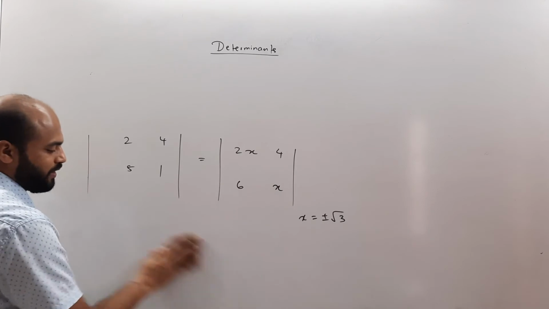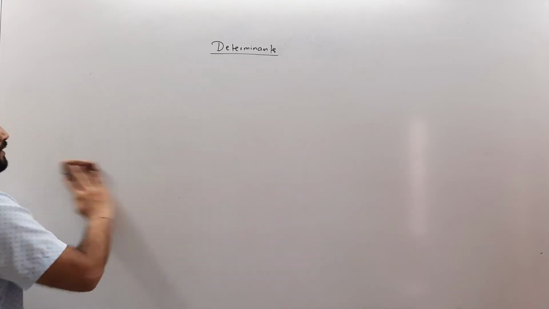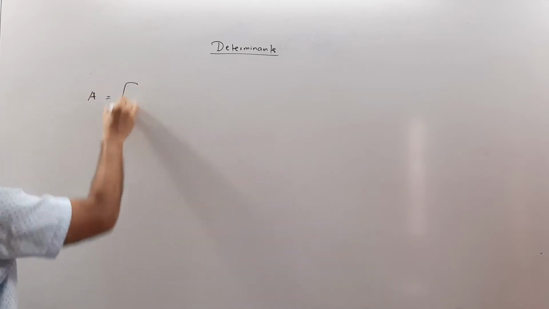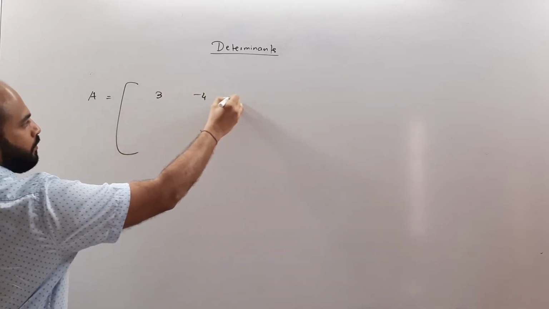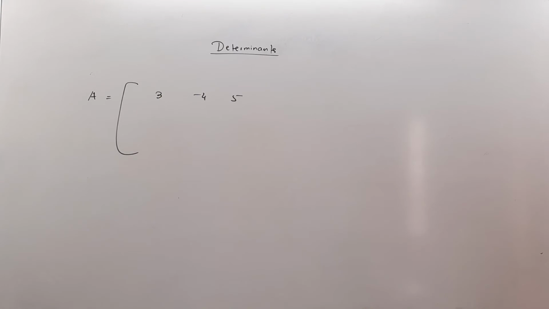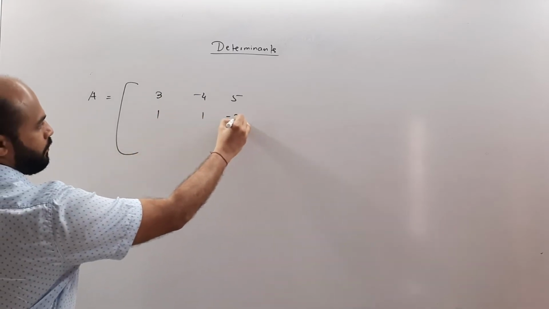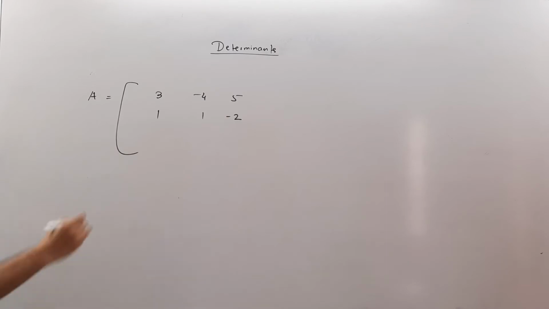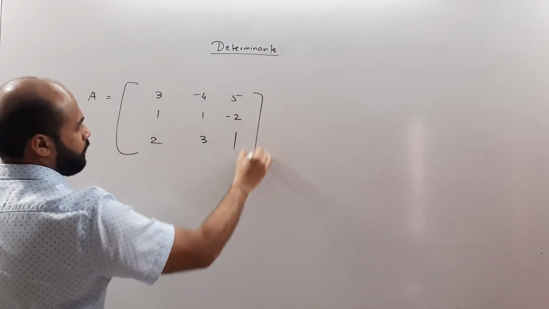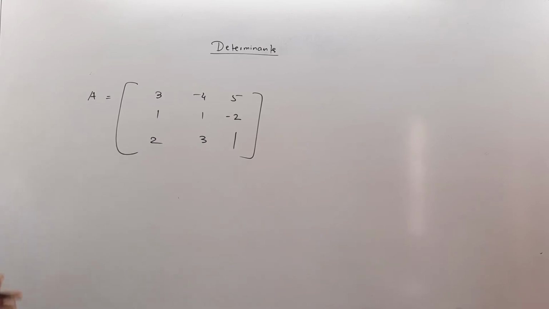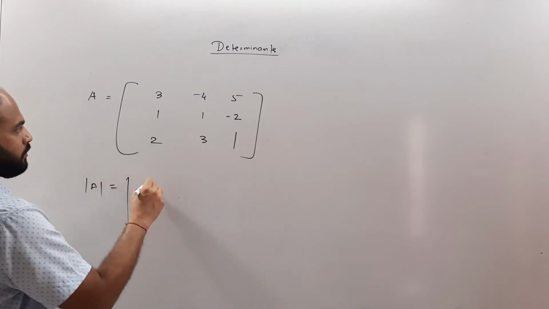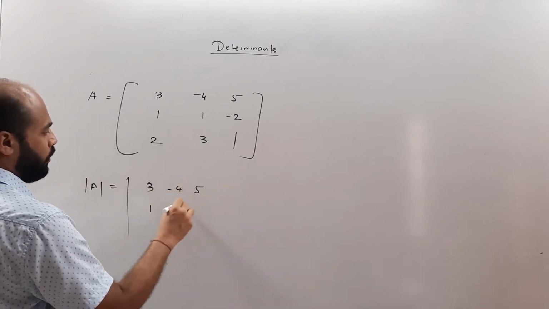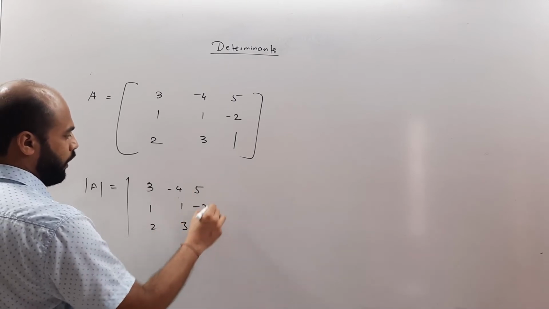Now let's take a 3 cross 3 determinant and try to find its value. So the matrix is something like this. We need to expand this, the determinant of this matrix. So this is how the matrix is. We need to find the determinant of this matrix. So determinant of A would be written as 3, minus 4, 5, 1, 1, minus 2, 2, 3, 1.